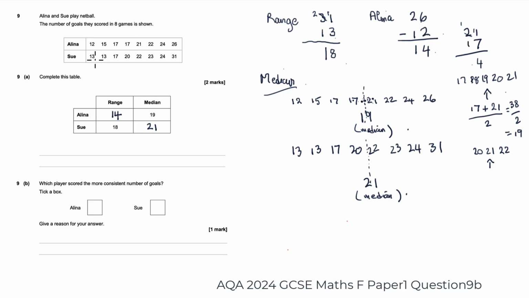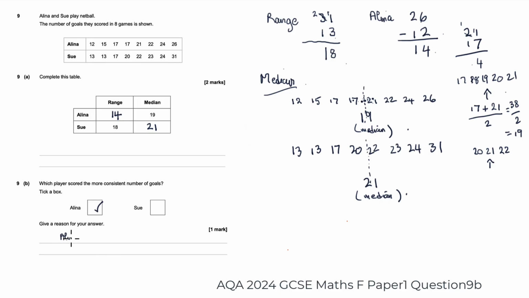That means between her least and her greatest score, there's more of a gap. They're more spread out. They're more inconsistent. The variation around about the median, if you like, the middle value, is a lot more for Sue than it is for Alina. So we'd say that Alina is the most consistent, and we'll give a reason for this answer.